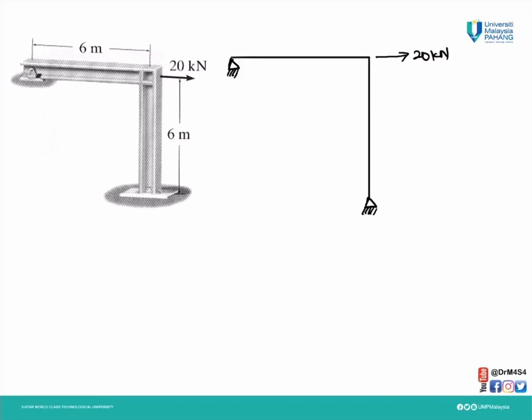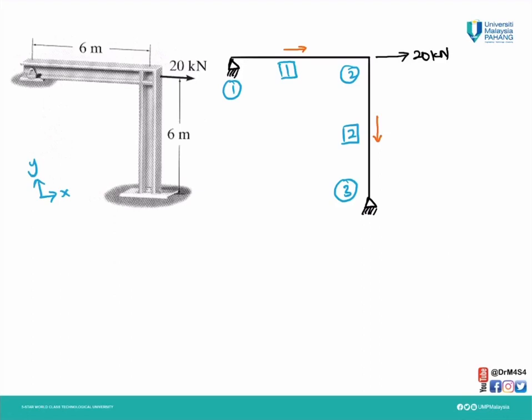As usual, we know our global directions, X, Y. Here is node number 1, here node number 2 and here node number 3. This one is member 1, this one is member 2. And for the near-far direction, from node 1 to node 2, this is near and far.